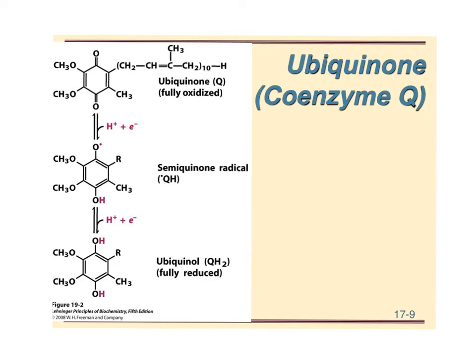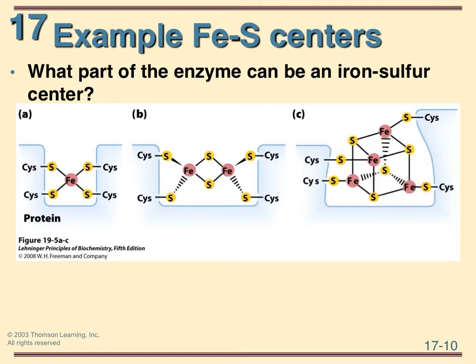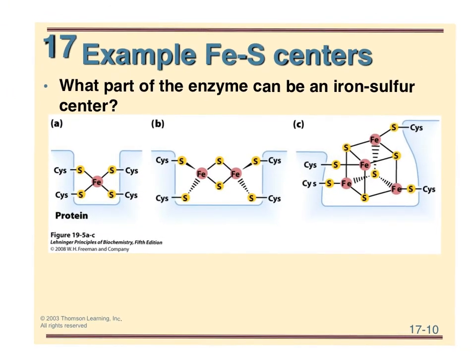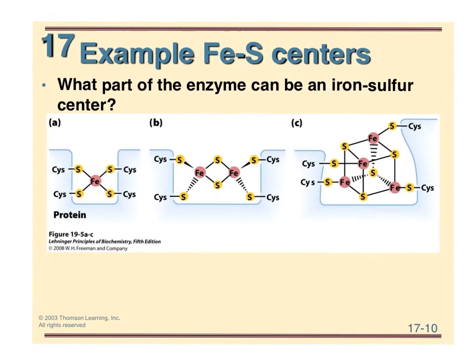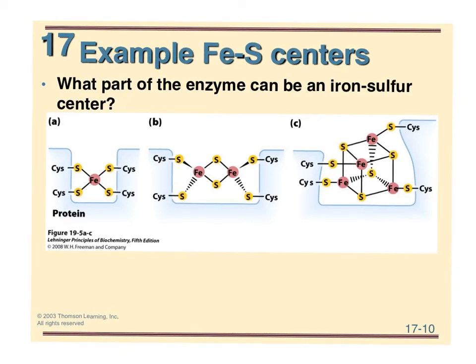Another thing to review, something that we've already talked about once before, is iron sulfur centers, or these iron sulfur proteins. Part of the enzyme can be the iron sulfur center. It's cysteine. We've already talked about this. Remember what enzyme we've already talked about that had an iron sulfur center in it?